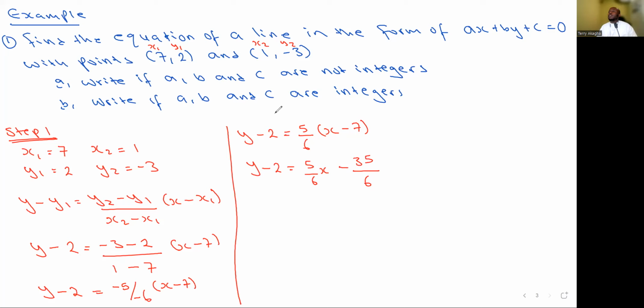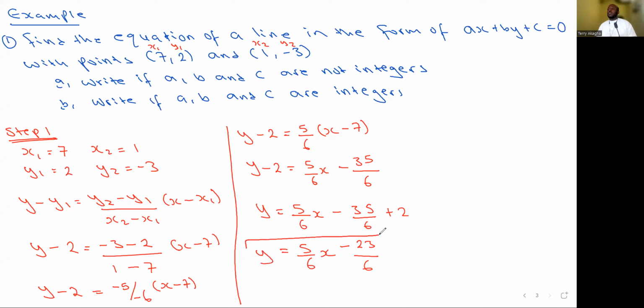Then you have to take the other one to the other side. So taking it to the other side is going to give you y equal to 5 over 6x minus 35 over 6 plus 2, okay? Now, minus 35 over 6 plus 2 will give you minus 23 over 6, so y equals 5 over 6x minus 23 over 6. So this is the equation of the line, okay?